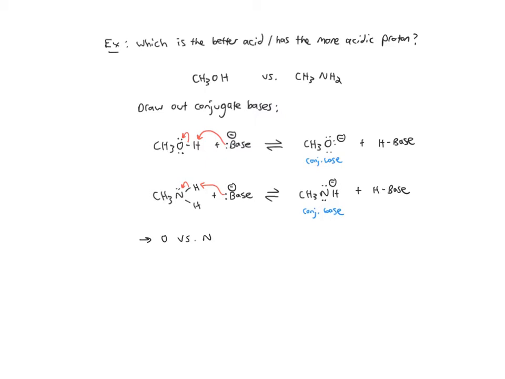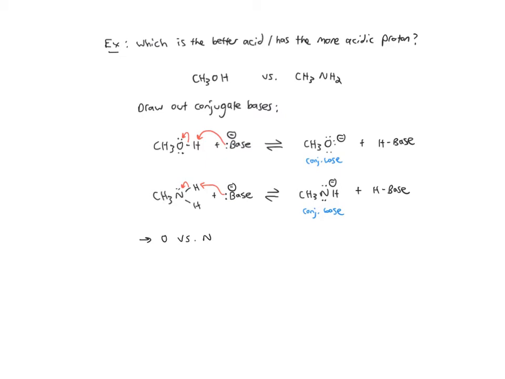So we have two different atoms carrying this charge. And when we have two different atoms carrying a charge and we're comparing them, it'll either come down to the electronegativity of the atom or the size of the atom. What's important is to turn to the periodic table, because that tells us these characteristics of the different atoms.